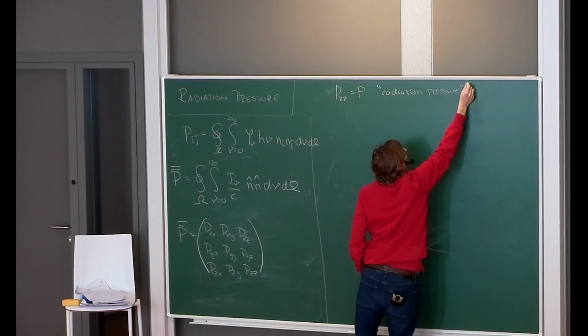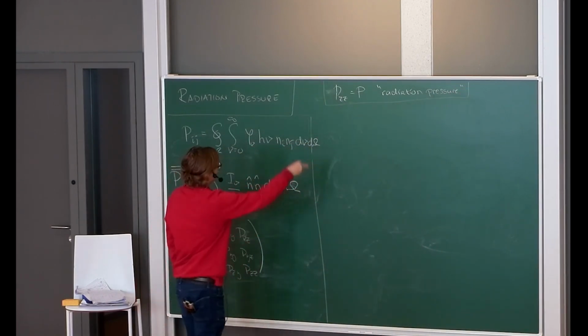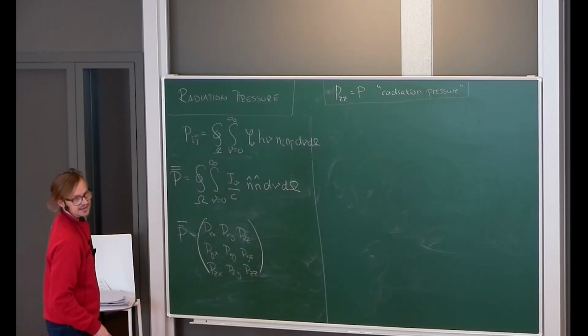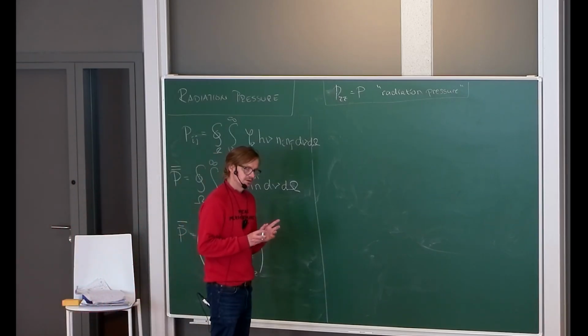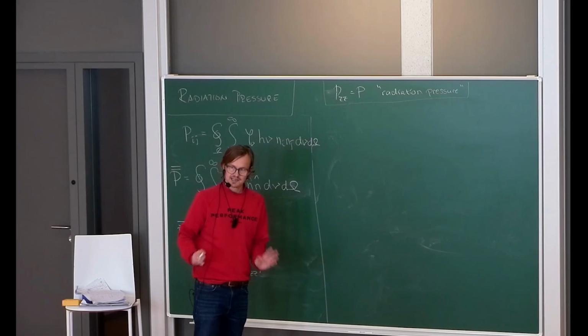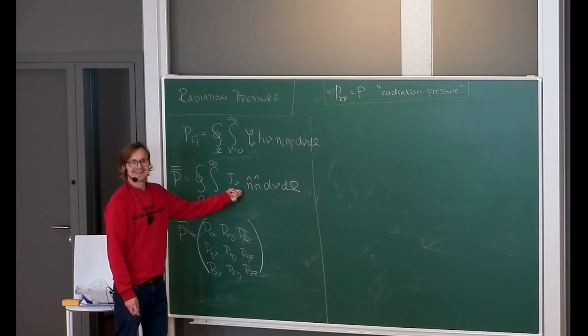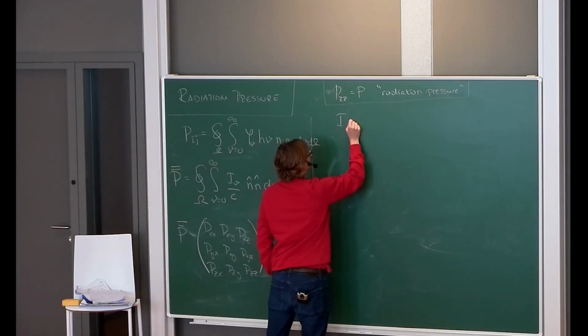Now, for completeness, though, I introduced it generally, and we will also now go into some cases where this is the case. Okay? So specifically, we're going to take the same illustrative example as we did for the radiative flux. For simplicity, we're going to work with the frequency integrated intensity. That's a notational thing.